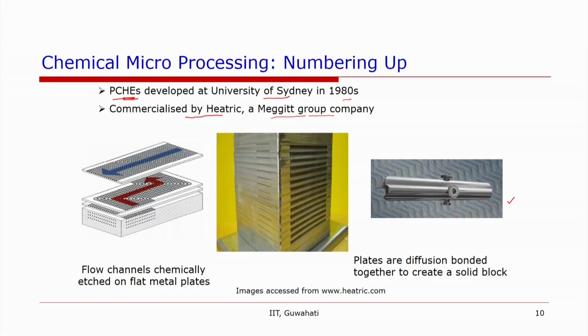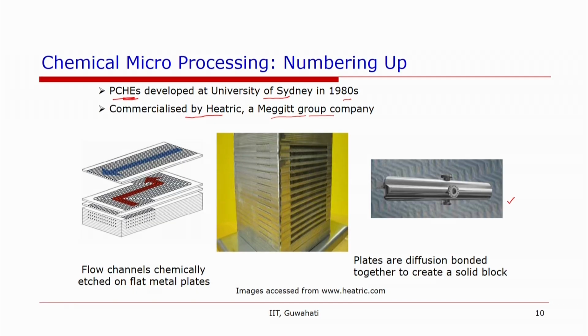This is because we are not changing the scale of the reactor; rather, the number of reactors being used for the application is increased. For example, one can have thousands of microreactors running in parallel.